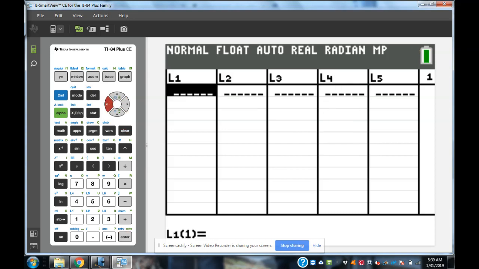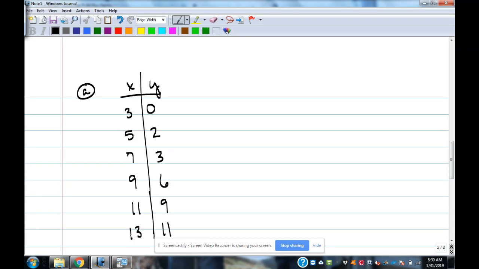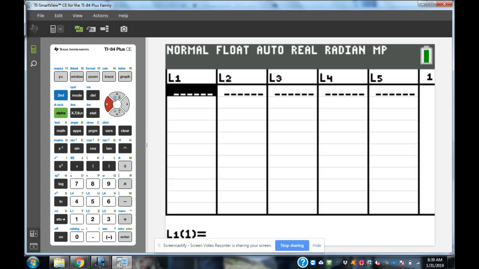All right. In L1, we want to put our X values. So we're going to use those X values from that table: 3, 5, 7, 9, 11, 13. So it's a little easy to remember. You type the number, hit enter, and it goes to the next spot. 3, 5, 7, enter, 9, enter, 11, enter, 13, enter.